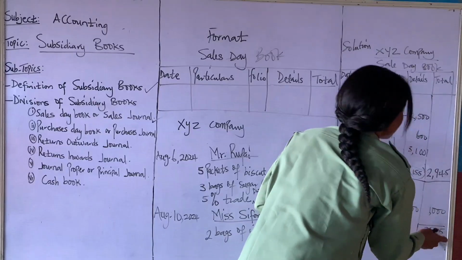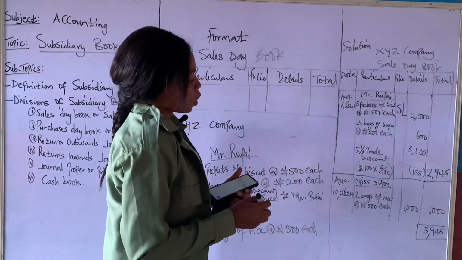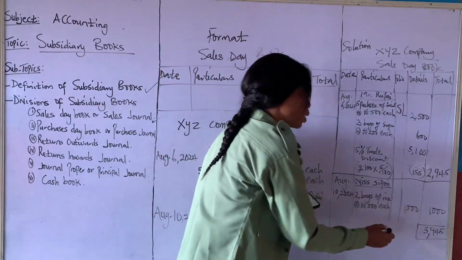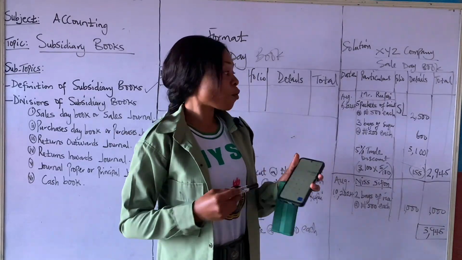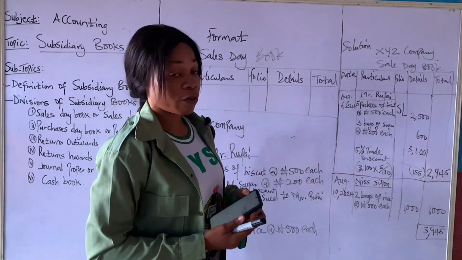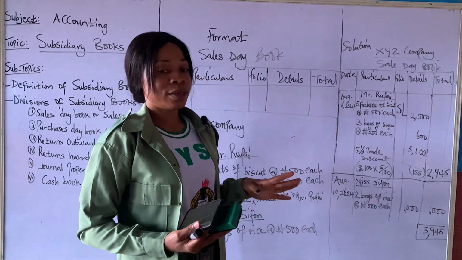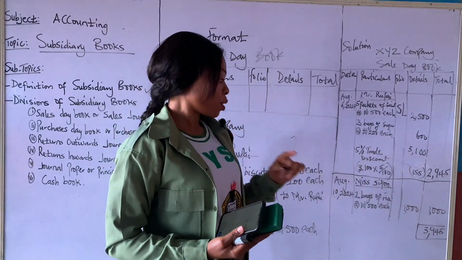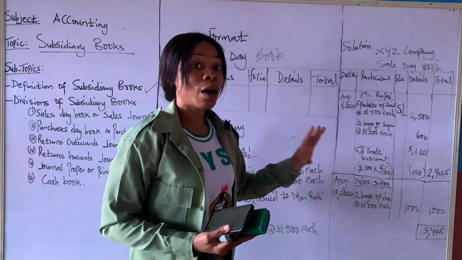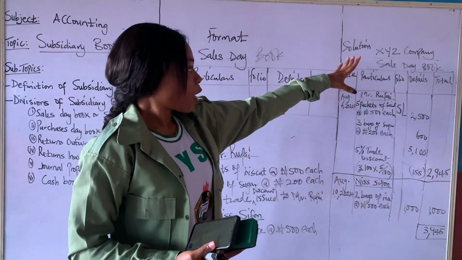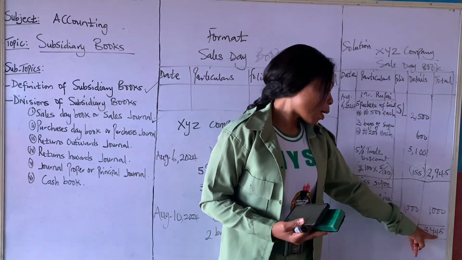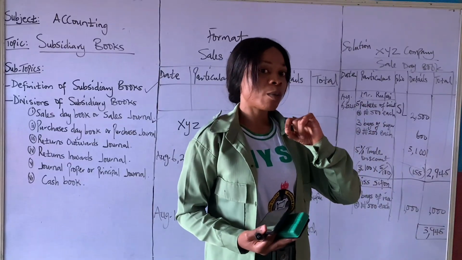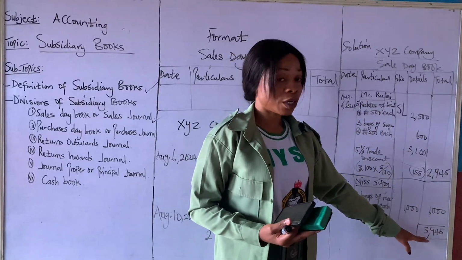Now this amount you see here will be posted. Remember I told you that in accounting we have 2 books of record. The first one is the subsidiary books of account, and the second one happens to be the principal book of account. Now, having done justice to this, you need to transfer this amount to the principal book of account, which is the ledger now.